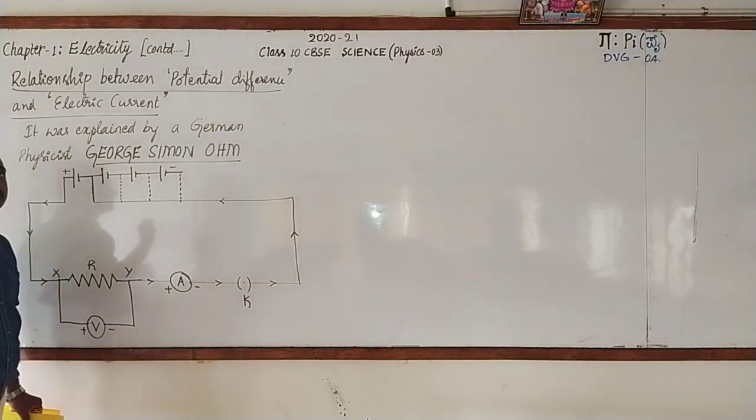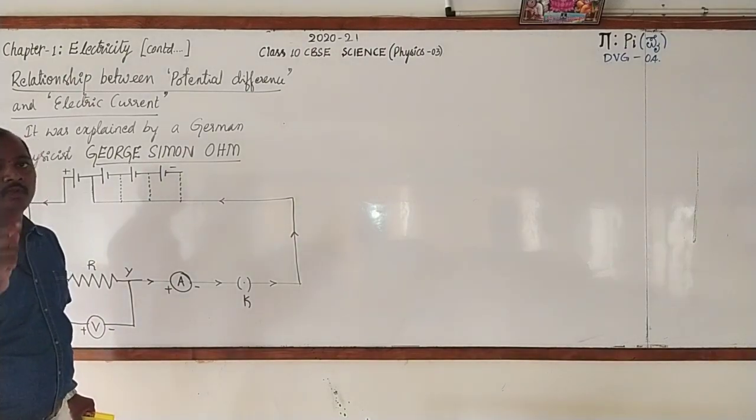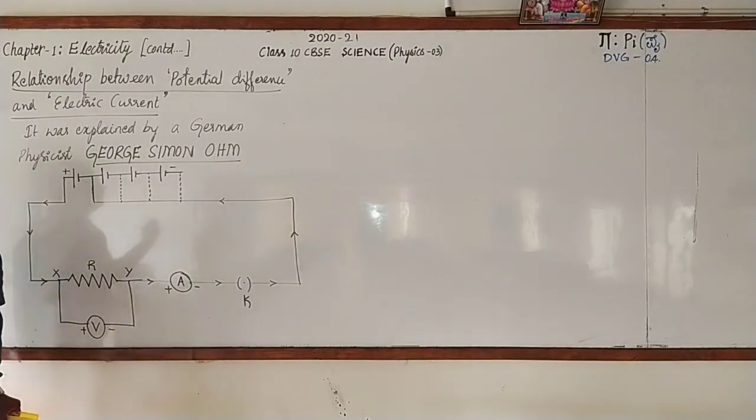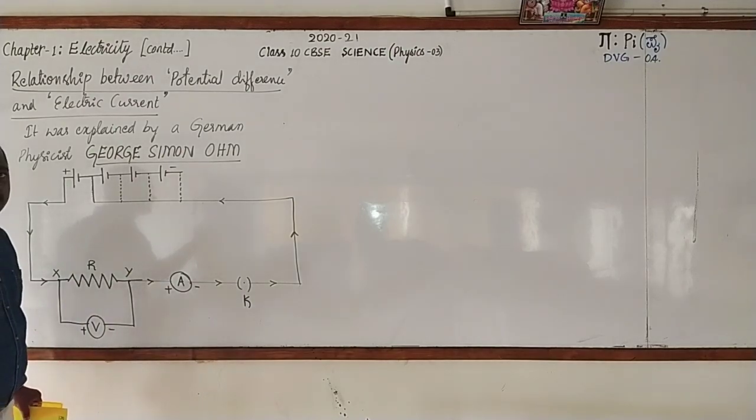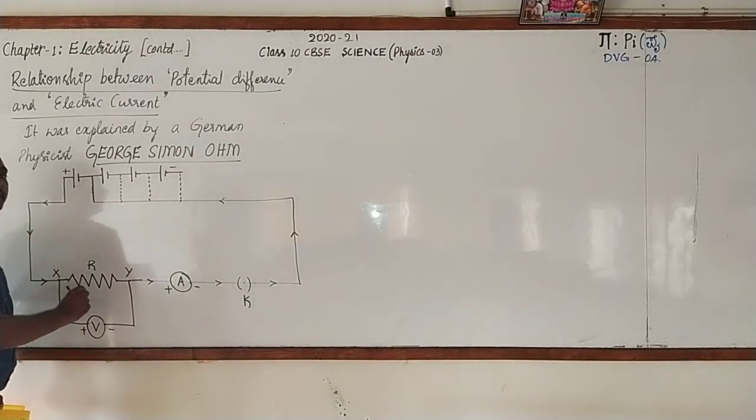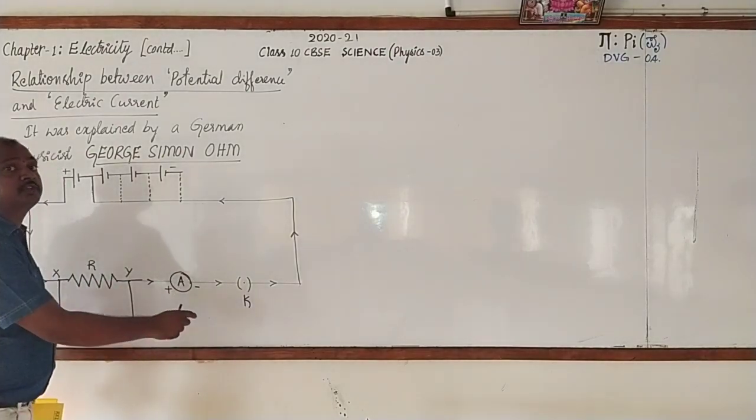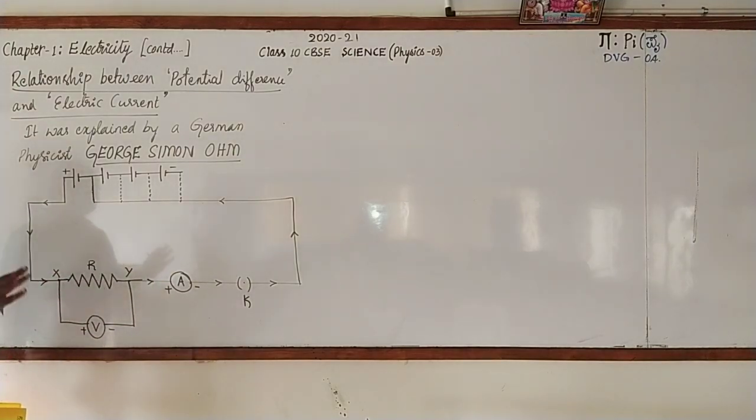Got it? This question can be asked in the examination: why is a voltmeter connected in the circuit in parallel? You have to write the reason: because it has high electric resistance, and second, when it is connected in series, it changes the flow of current in the circuit.